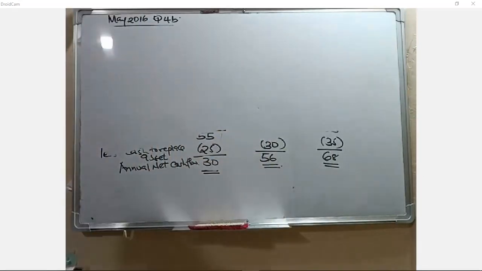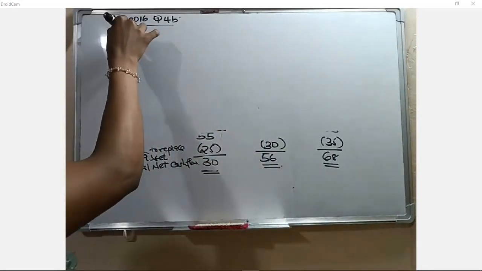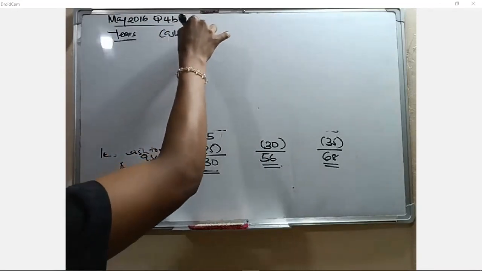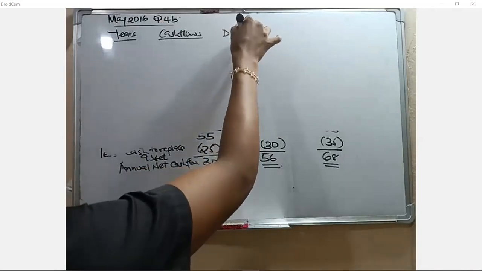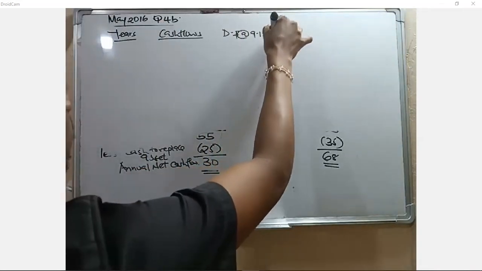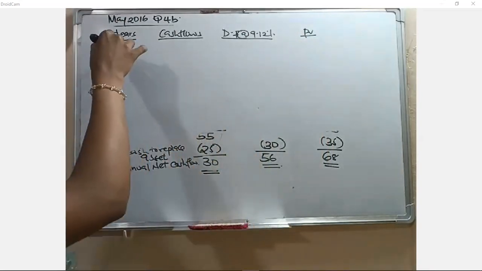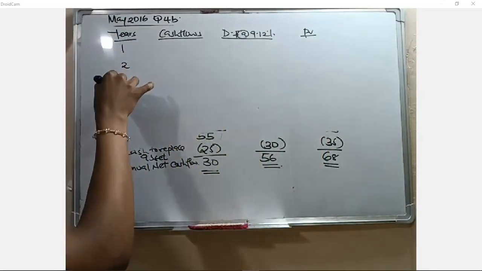So just take your years. We have your cash flows. Take your discount factor that you calculated at 9.12%. Take your present value, right? So we have 3 years, 1, 2 and 3.